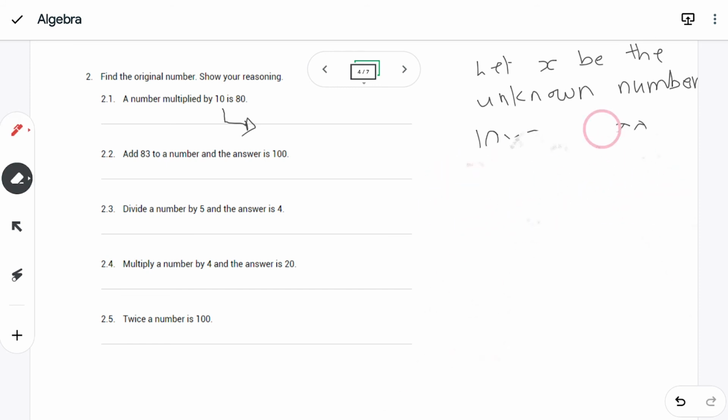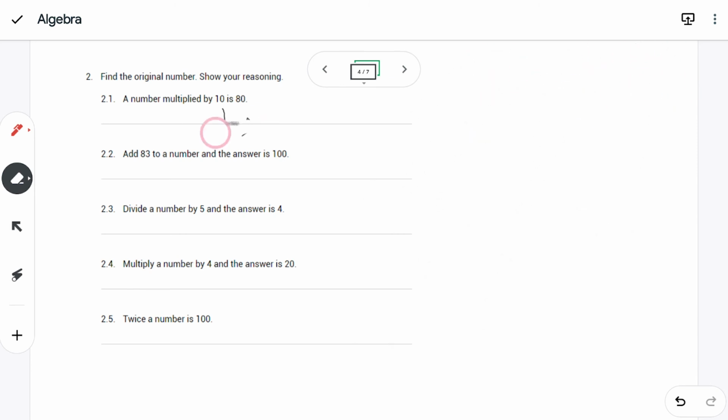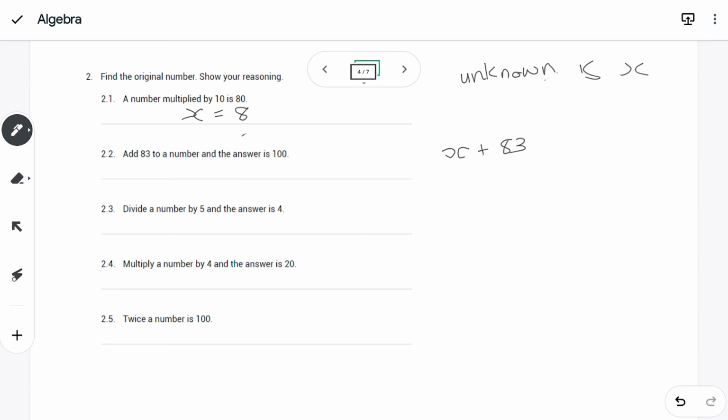Let's try the next one. We do the same thing here: add 83 to a number and the answer is 100. Again, grade 8, the unknown number is x. We add 83 to that number, so x plus 83 will give us 100. How do we go about finding the value?